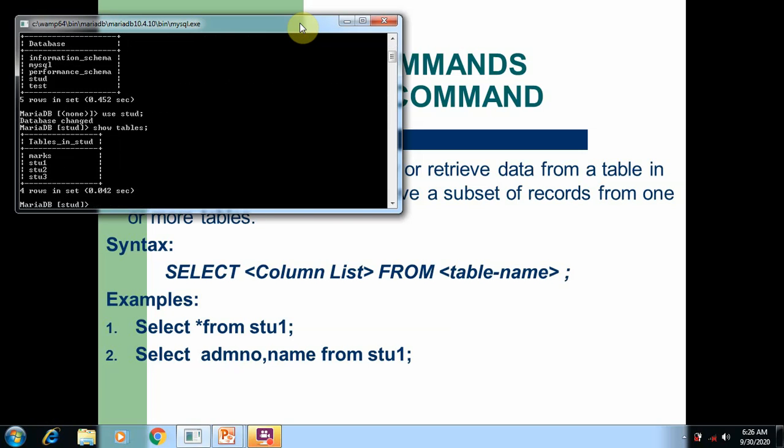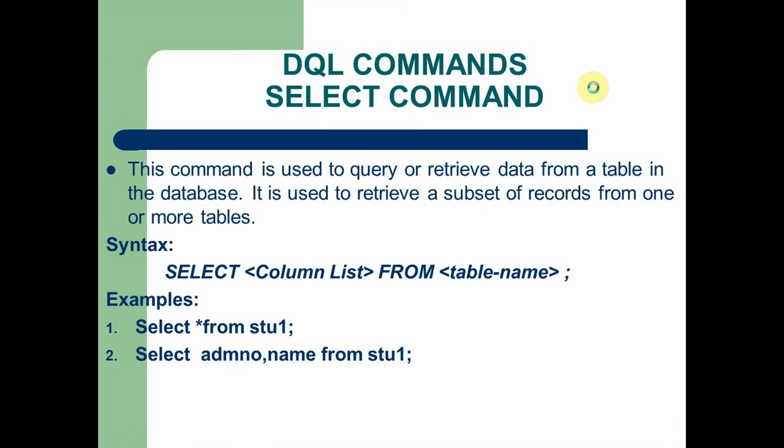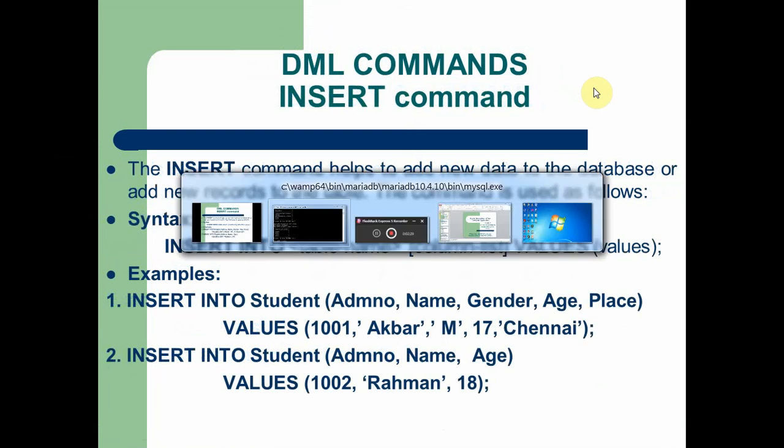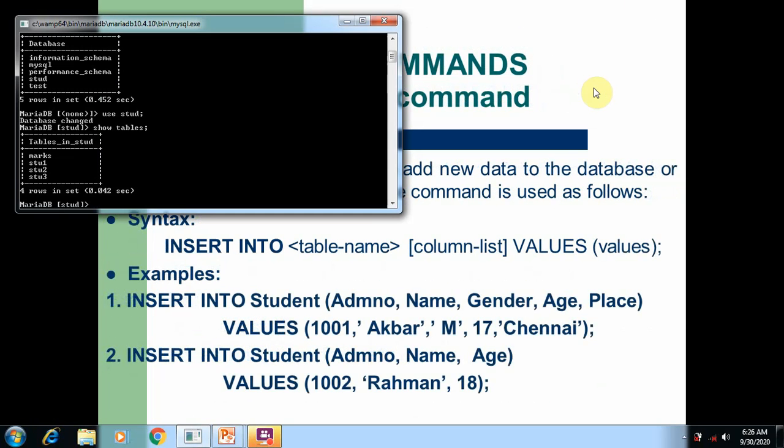Now we are going to see how to use the insert command to insert data into the tables. First open the table by using the command select asterisk from table name.